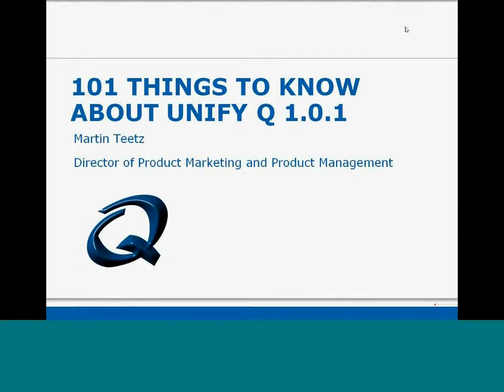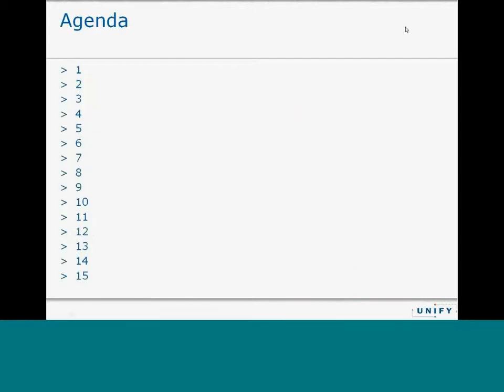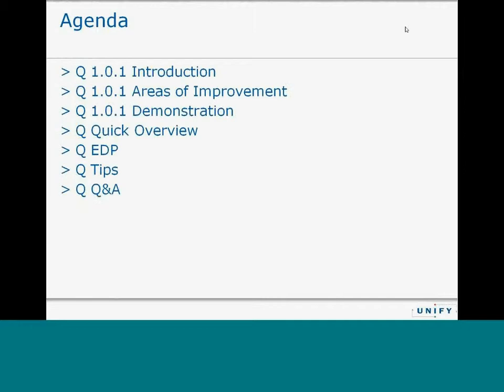So here's the agenda. It starts with step 1 and goes all the way to step 101. No, just kidding. First, a quick introduction of Q version 101, the areas of improvement in that release, certainly a demonstration of that, because that software is really nice to view and easy to use.